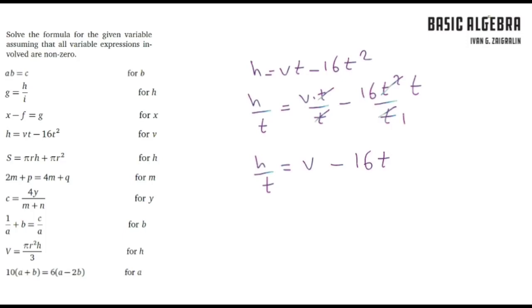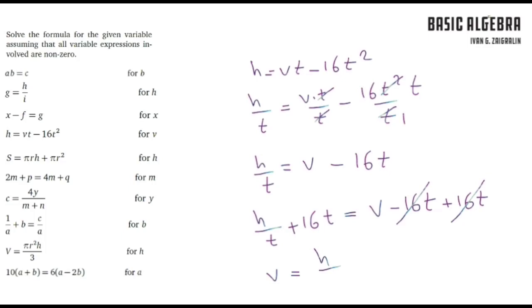So H over t plus 16t equals V minus 16t plus 16t. So this 16t goes with this 16t, and the final result is V equals H over t plus 16t.